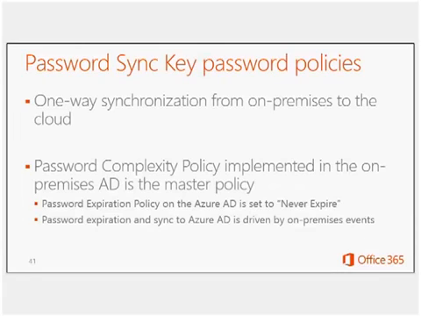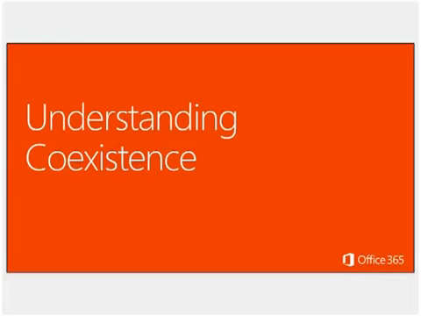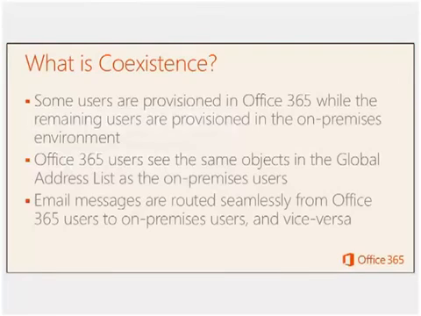And a couple of things I wanted to now dig into is once you have your identity set up, and obviously we spent a ton of time on it because it's hugely important, we're then moving into mail and the actual move of mailboxes, simple coexistence, understanding what coexistence is. Coexistence, in a very simple form, is there are users who are on premises in your environment, and there are users who are in Office 365.